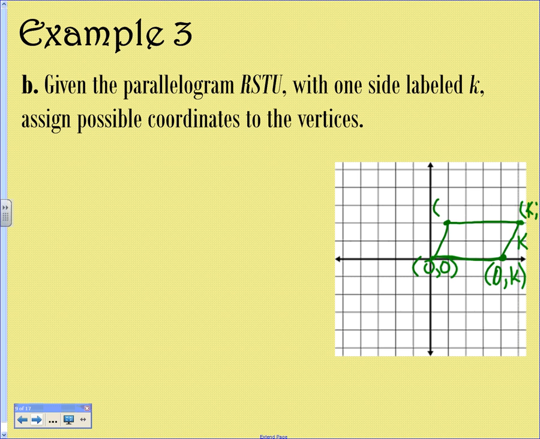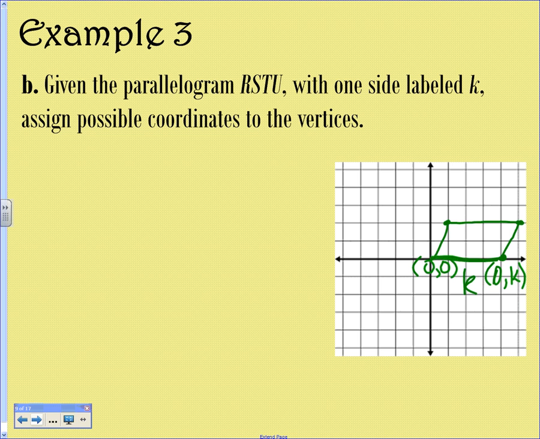Okay. So she labeled this one as 0, 0. And then she said that this side here is K. So let's erase these over here.